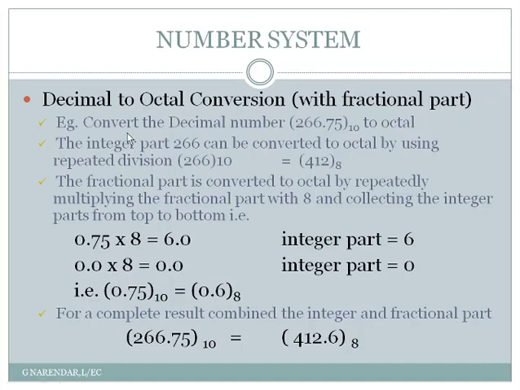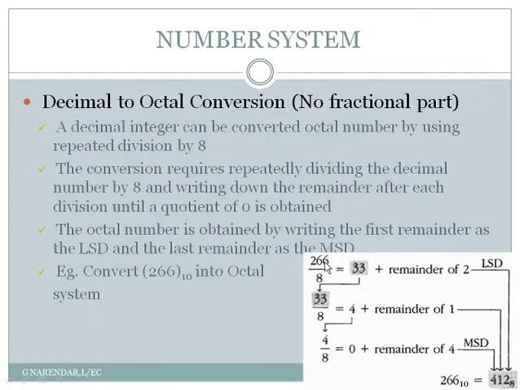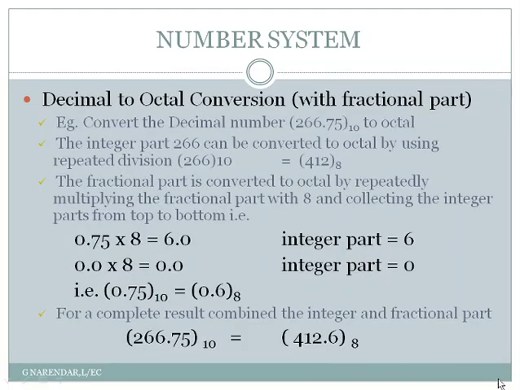So here also we separate the integer part, and this integer part can be converted to octal by using repeated division by 8, the same thing we have done. 266 after repeated division gives the equivalent octal number 412. So for the integer the procedure is the same, repeated division, and you get the result as 412. And now come to the fractional part, which is 0.75.